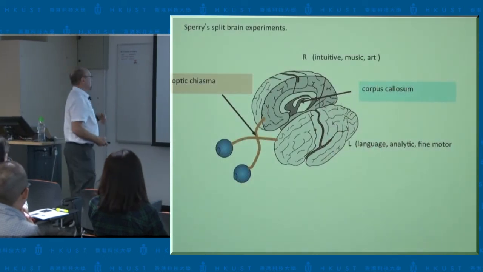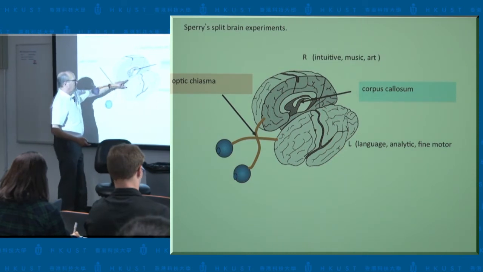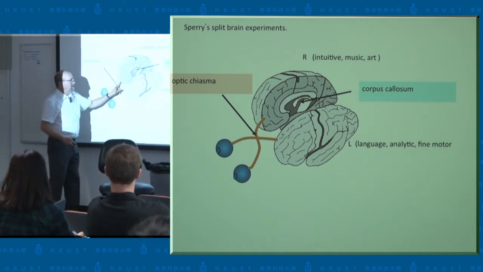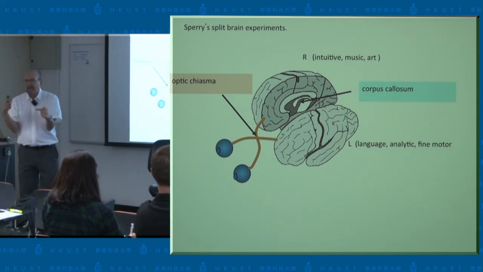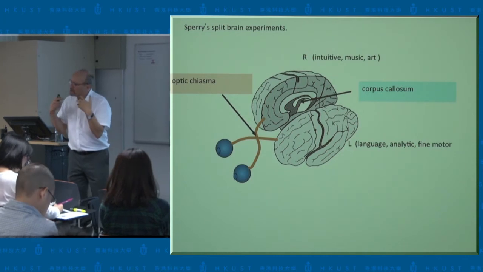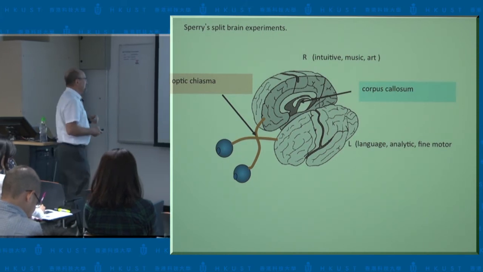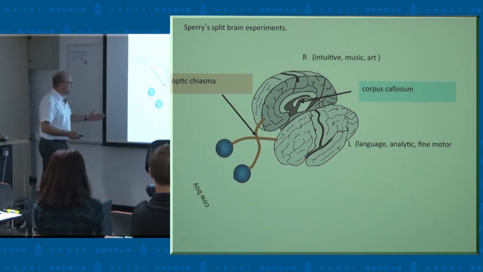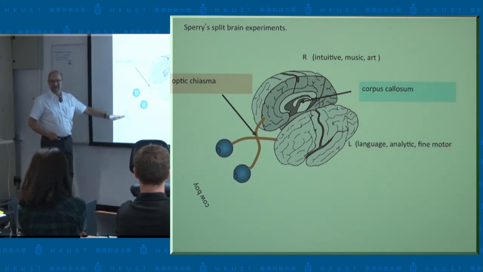So an individual with that separation in the corpus callosum, the big connector, still has these crossing over, but they're missing some of the connections that connect the logic of the image. So there's your ability to see things, and there's your ability to process them. They took this individual and had them look at a word, in this case, cowboy.